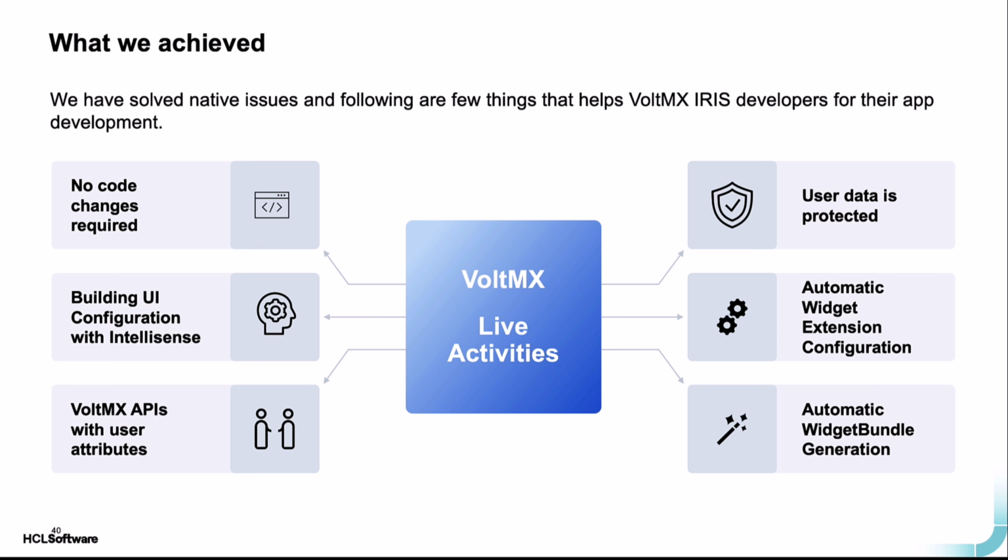The user data is protected, and it also makes it very easy to extend the configuration or automatically generate the widget bundle. So with these enhancements, we hope it is very easy for our developers to build Live Activity as one of the features that they are creating in the application for the end user.